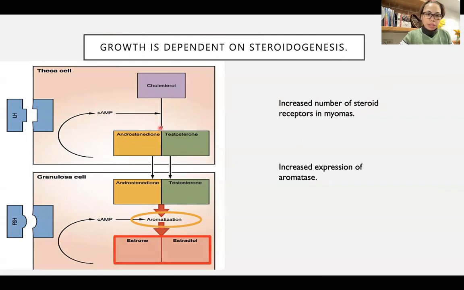So from cholesterol conversion into androstenedione and testosterone, the aromatase enzyme causing aromatization produces more estrogen. Therefore, with increased receptors in the myoma, stimulation by an increased estrogenic environment causes growth of the myoma.